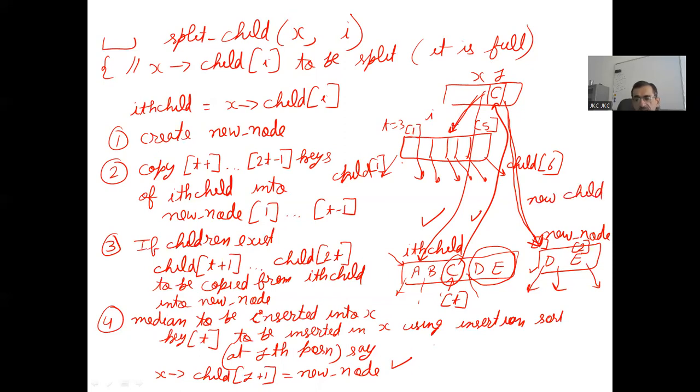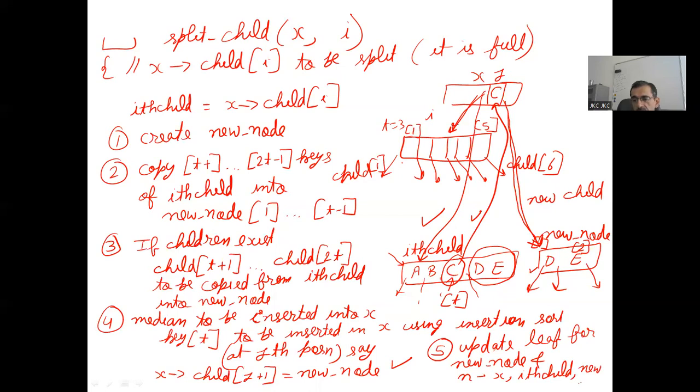And then the final step will be to update n, etc. Update the leaf status for the new node. One thing: n is to be updated for X, for the ith child, and for the new node.